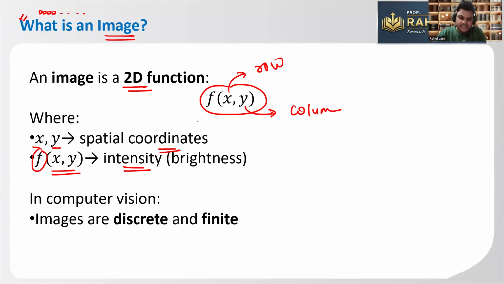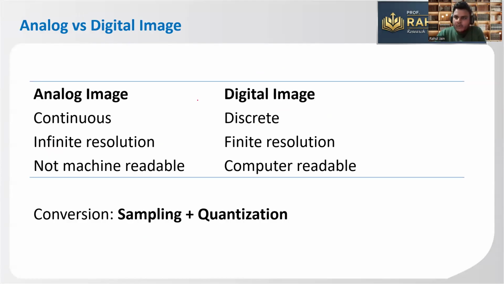Every pixel in an image has a numeric value, and that describes how bright or dark it is. Images in computer vision are discrete and finite. Now, analog versus digital images. Analog images are continuous and digital images are discrete.